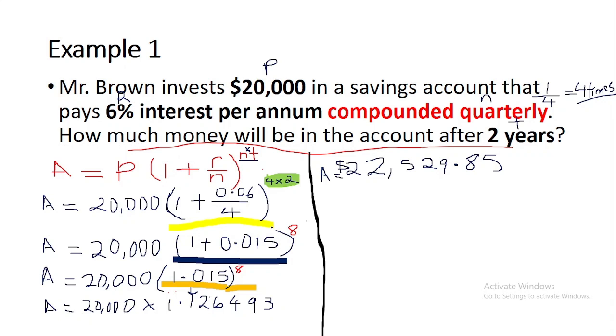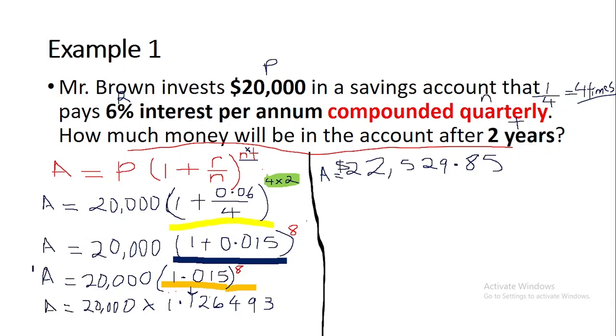After 2 years, your $20,000 will increase to $22,529.85. If you wanted to find your compound interest, all you have to do is take away the $20,000 from the $22,529.85 to get your compound interest.